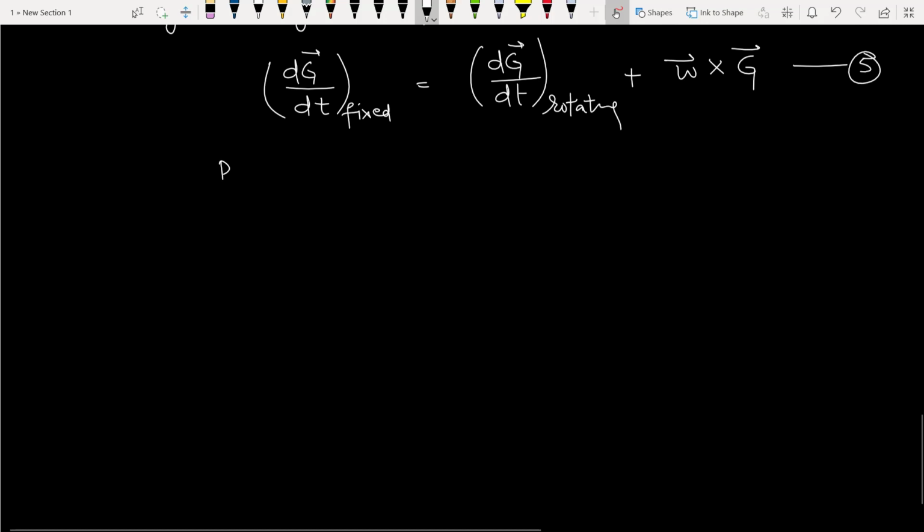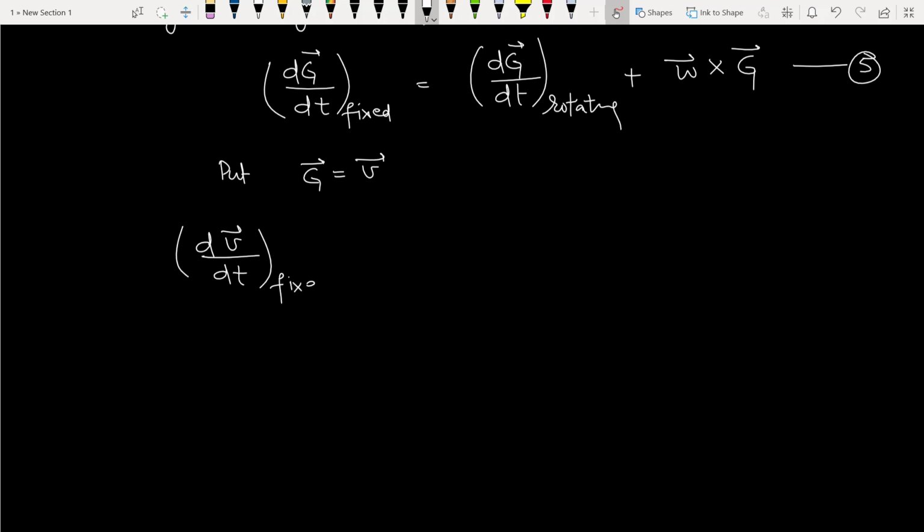So if we put g vector is equal to velocity vector, because it is a general equation, it is applicable to other parameters as well. So we apply this to velocity in fixed frame, rotating frame, omega cross v.